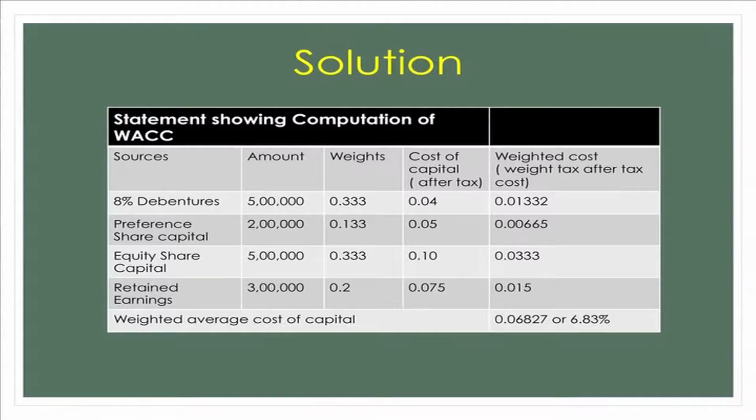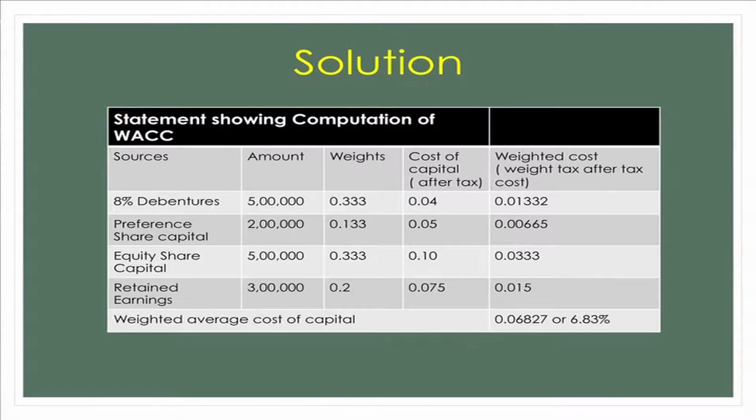Multiplying weights into cost of capital, we will get the weighted average cost of capital. Here the first column says 8% debentures 5 lakh, preference share capital 2 lakh, equity share capital 5 lakh, retained earnings 3 lakh. Weights are assigned by dividing each element of the source of fund by the total.